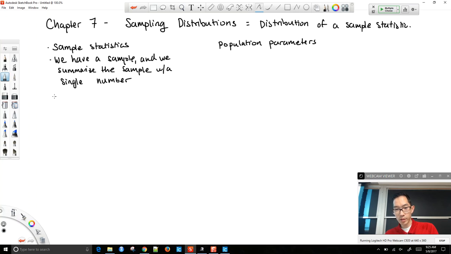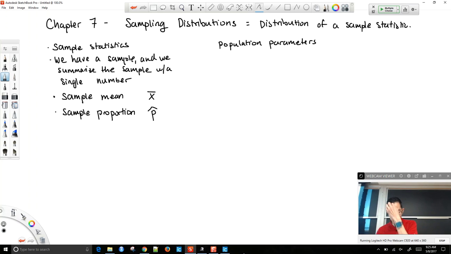Examples are things like the sample mean, x bar, and the sample proportion, which is called p hat. It's the proportion of the sample.